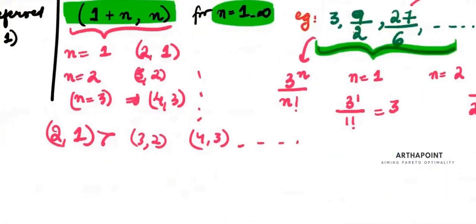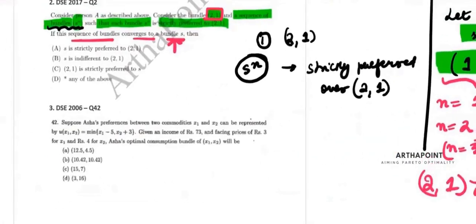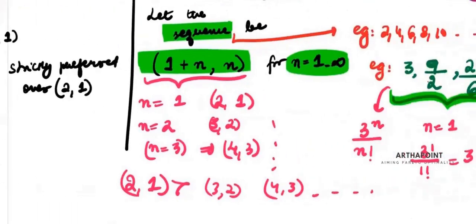So now, coming back to the question that is given to us. This is a convergent sequence. It converges to S. Now I will give you a sequence, because if you use the sequence 1 plus n comma n, this is not a convergent sequence.